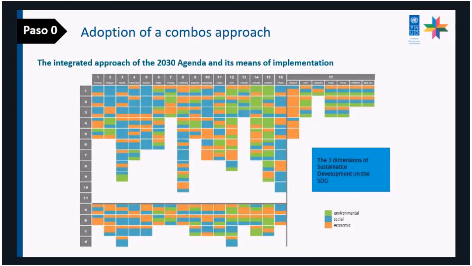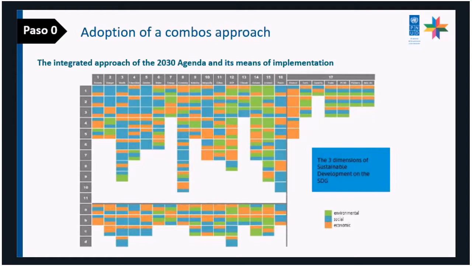So let's briefly talk about Step 0, Step 1 of the approach. I think the important thing about Step 0 is to think about each of the targets in each of the SDGs as involving the 3 dimensions of this agenda. Each one of these, as you can see in this graph, this is work done analytically by our colleagues in the UN system, has an environmental agenda, has a social, has an economic in each one of those targets.